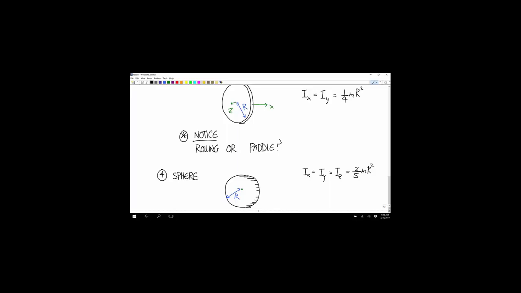And the more you have your mass distributed near the center, the smaller the mass moment of inertia is. So if they had the same mass and the same radius, the same moment applied to both of them would get the sphere moving faster. Yep.